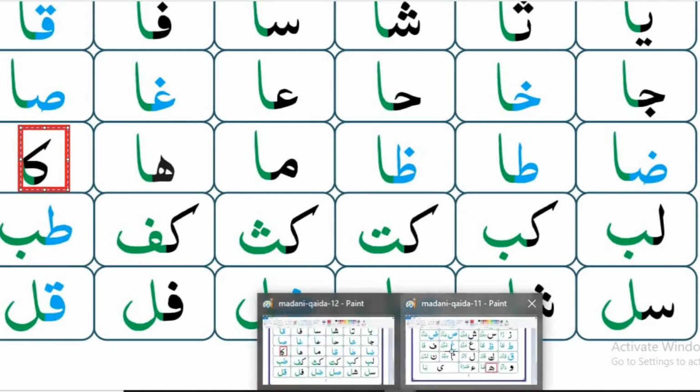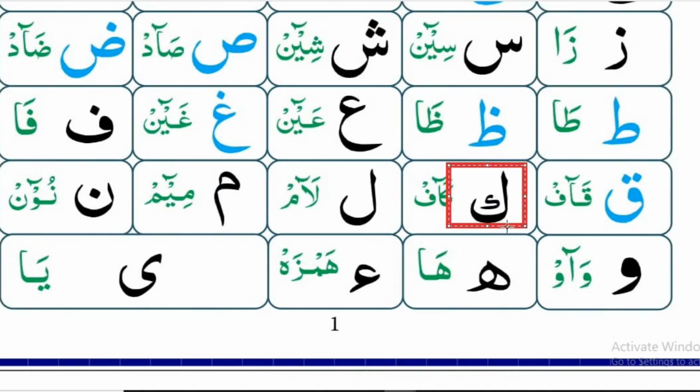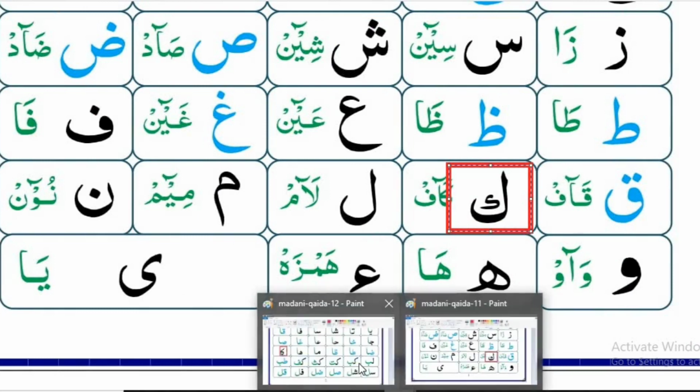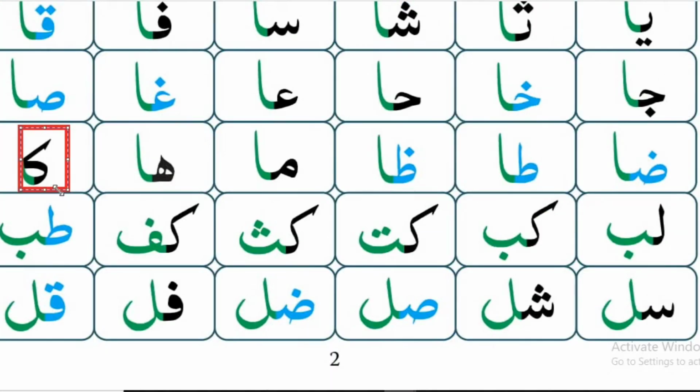Hold on, let me show you here. That's the letter Kaf. It is the full shape of Kaf, but if it is connected to the next letter, especially Aleph, it has 2 different shapes.